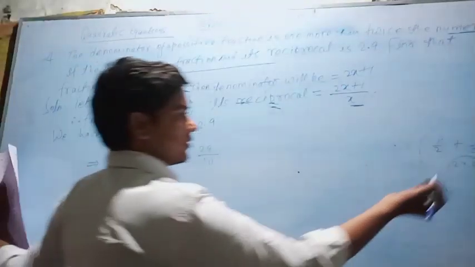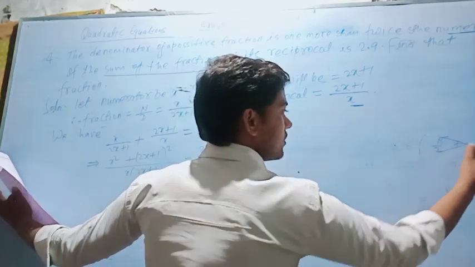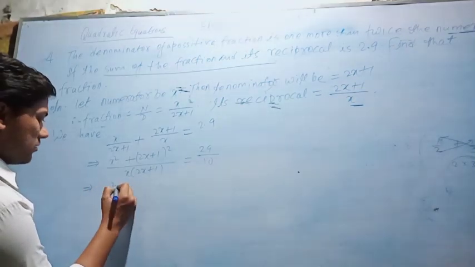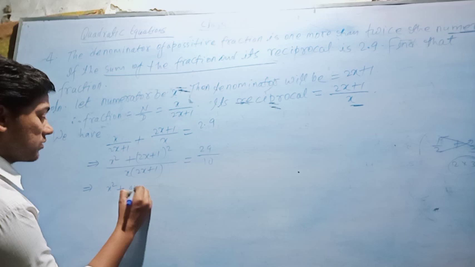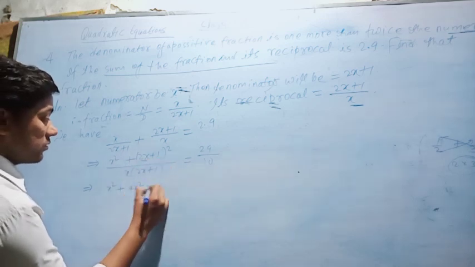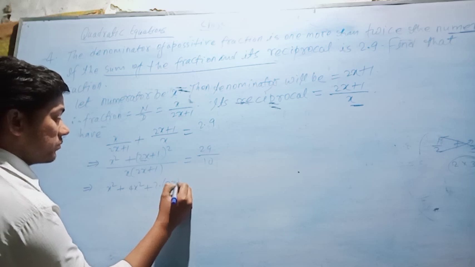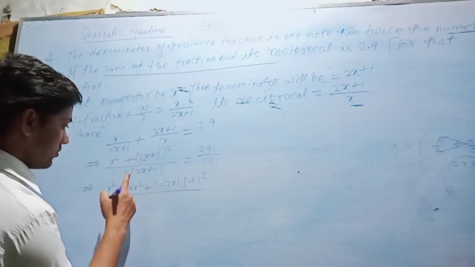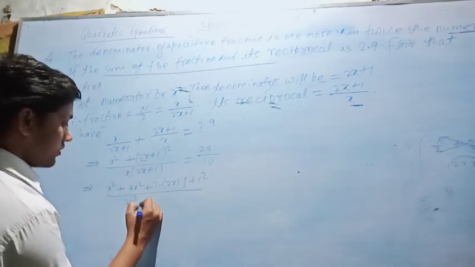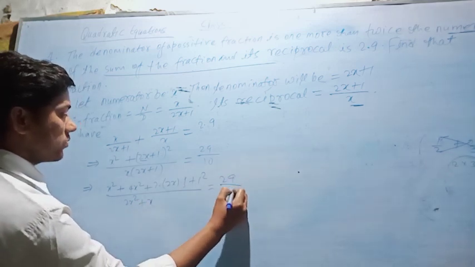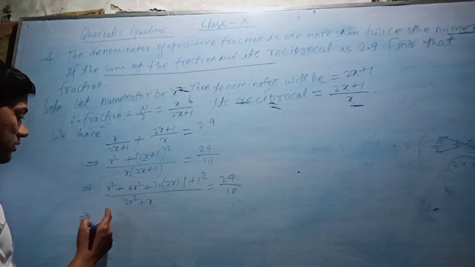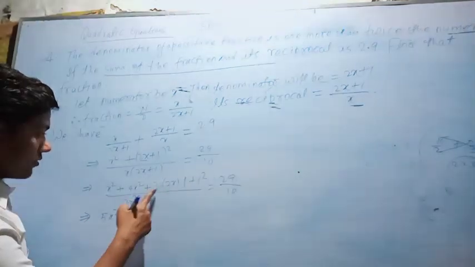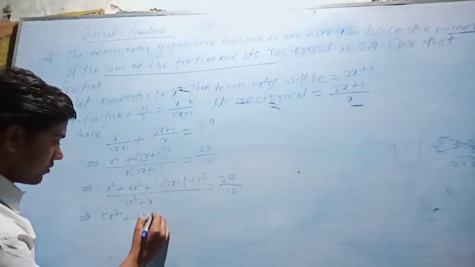In this we multiply. x square plus 2x plus 1 whole square, 4x square, using a plus b whole square equals a square plus 2ab plus b square, upon x into 2x plus 1. This implies x square plus 4x square is 5x square, 2 into 2 is 4x, plus 1.